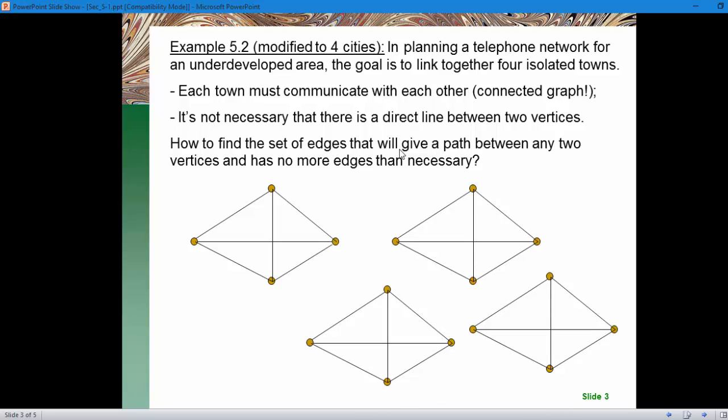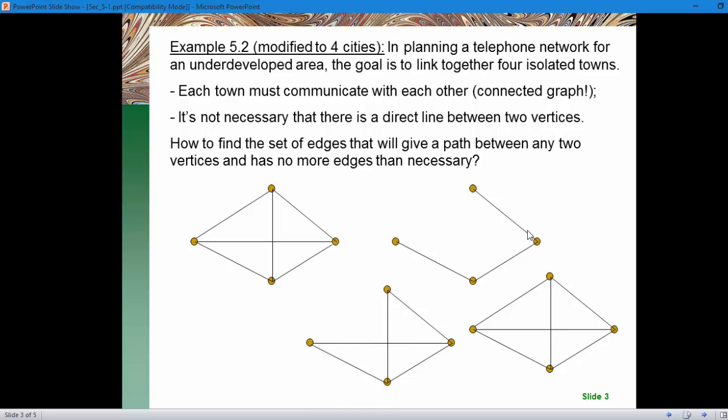So here we can have 3 possibilities. If we delete that edge, that, and that, notice that the 4 towns are still connected, and this is the minimum number of edges. If we delete one more edge, then we're going to lose connectivity.